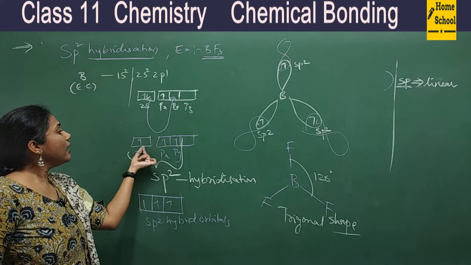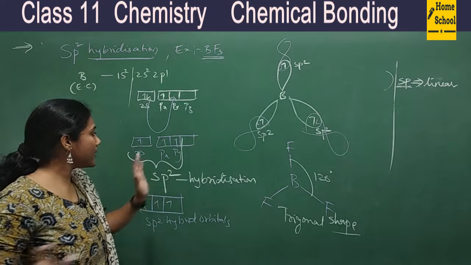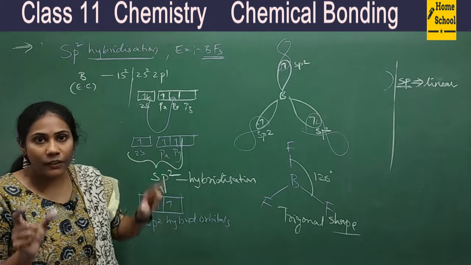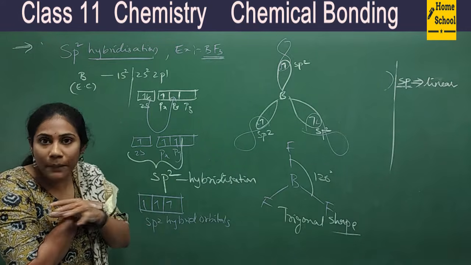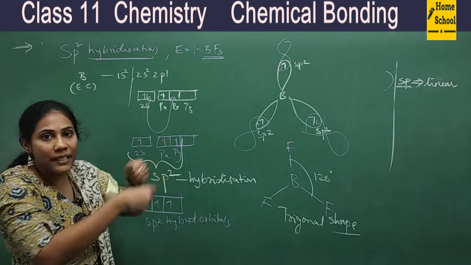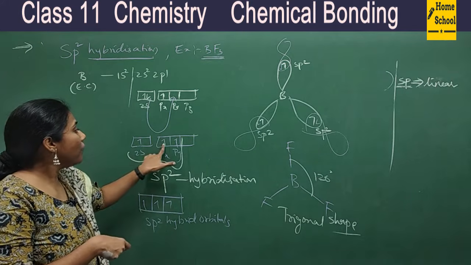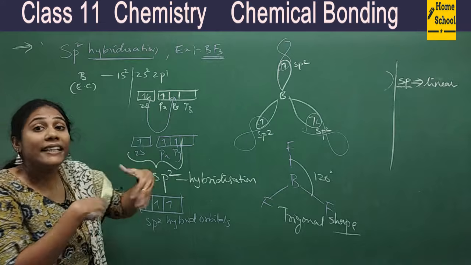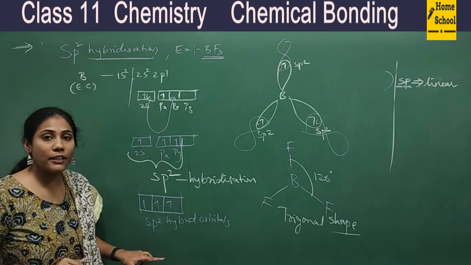So now you have 3 orbitals ready for overlapping, but they are not 100% ready because their energies are different. To equalize their energies and to have the same shape, they intermix with each other. So they become rejuvenated. The number of atomic orbitals that intermix is always equal to the number of hybrid orbitals that you get.